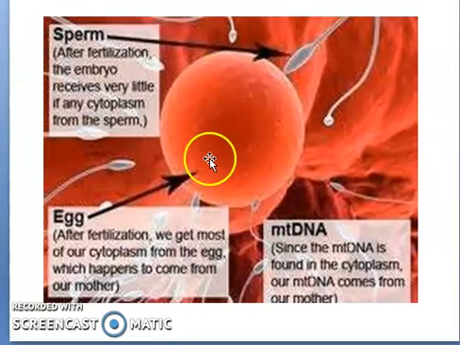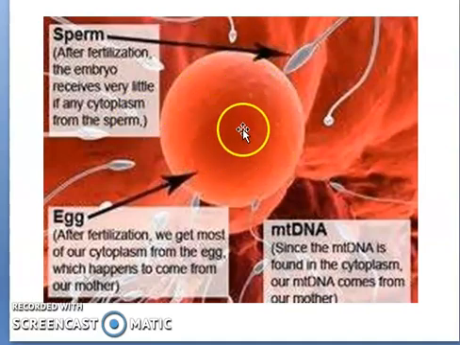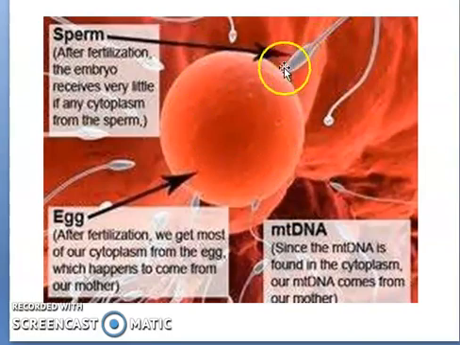So this is the diagram that shows maternal inheritance. You can see here the sperm and the egg cell. When fertilization takes place, the sperm comes near the egg cell, the acrosomal reaction takes place, the enzymes in the acrosome degrade the membrane of the egg cell, and the sperm enters inside the egg, and the nuclei are fused.